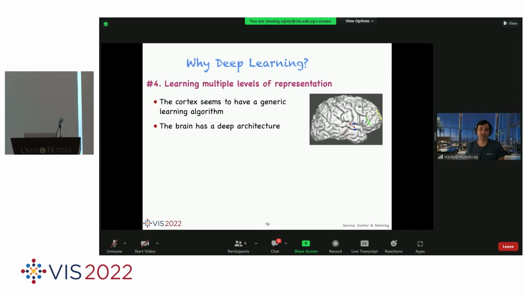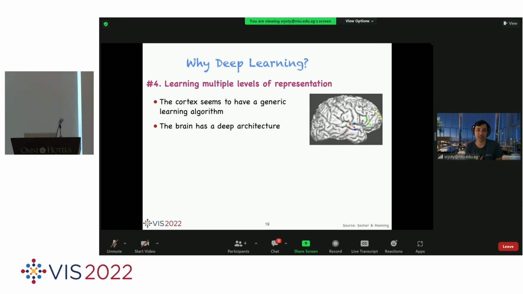The fourth reason is learning multiple levels of representation. This also comes mostly from the cognitive side: our cortex seems to have a general learning algorithm, but different hierarchies or different parts learn different information in our brain, although they use the same learning algorithm.